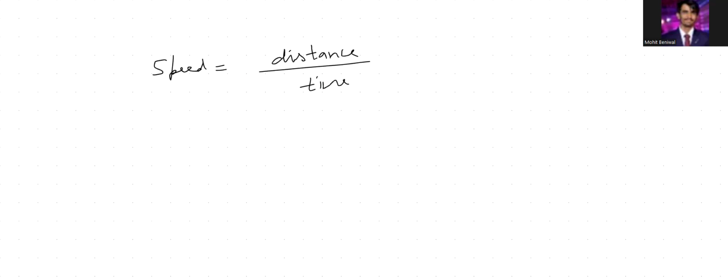Distance we can measure in meter and time in seconds. So the SI unit of speed is meter per second. You can say MPS, meter per second, or you can write meter second inverse.